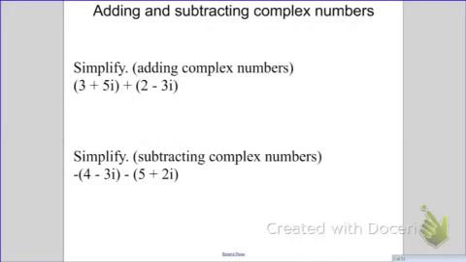And since everything is positive, I can rewrite this as 3 plus 5i plus 2 minus 3i. There's nothing to distribute or anything like that.